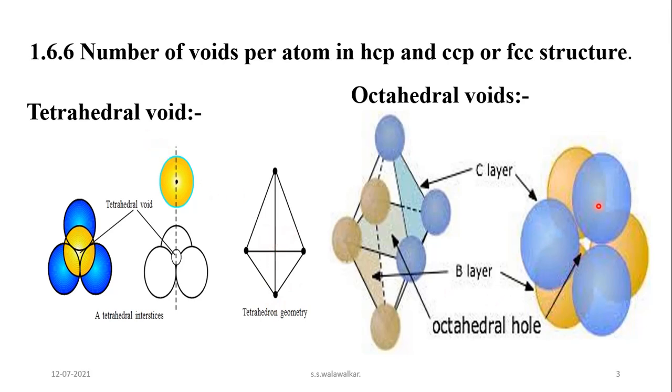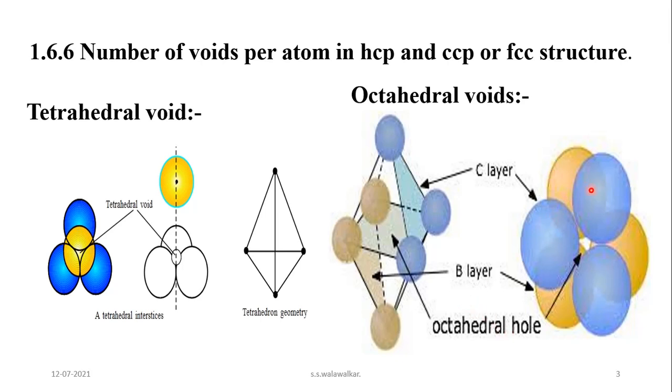Like this, these are the three spheres from the upper layer and these are the three spheres from the lower layer. So the empty space between these six spheres, which is surrounded by these six spheres, is called an octahedral hole or octahedral void. How is this octahedral void formed? See here.